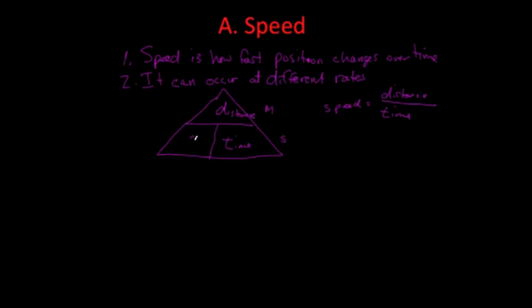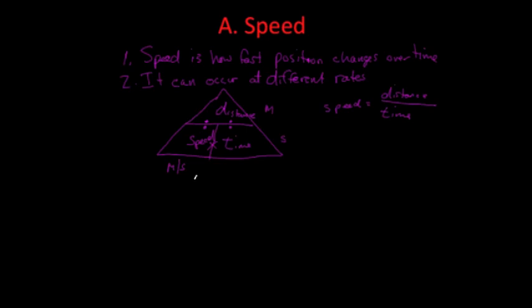You're probably most familiar with measuring speed in miles per hour. So your speed equals distance over time. But just like with our density triangles, if you knew the speed and time, you could calculate distance. If you knew distance and speed, you could calculate time simply by plugging the numbers in. In this example, the units for speed are going to be meters per second.